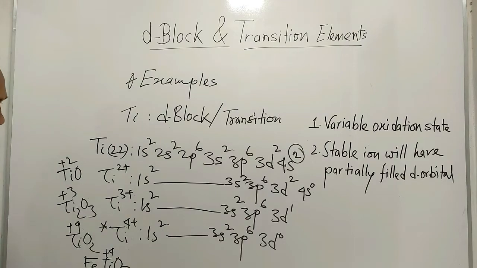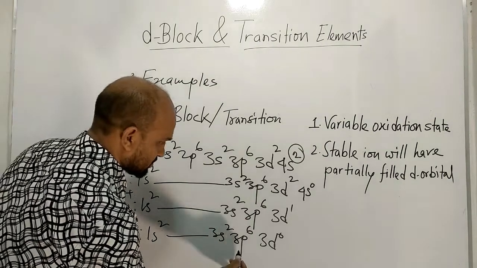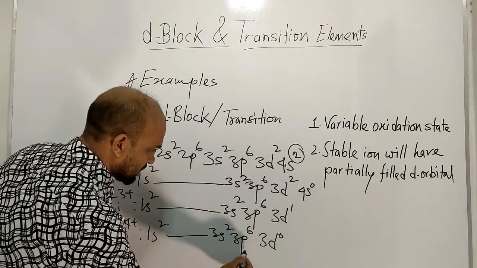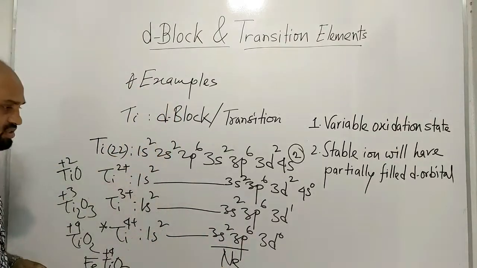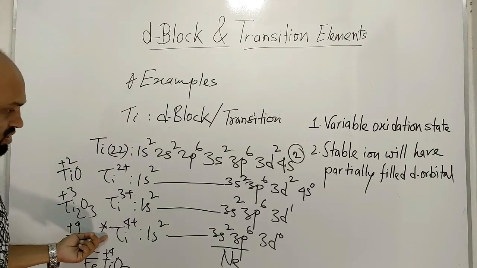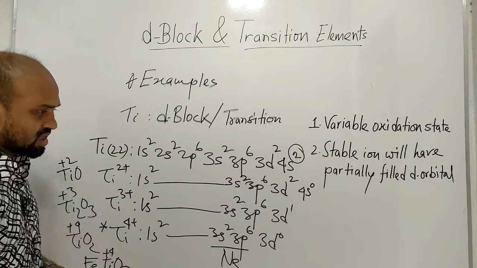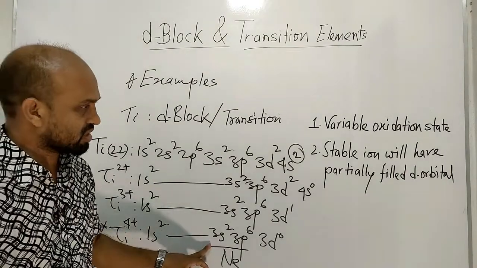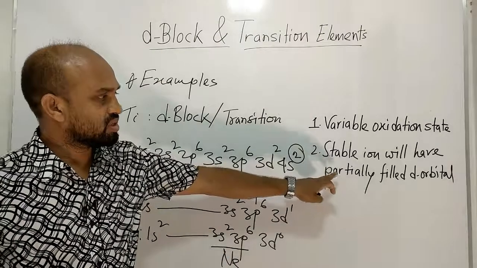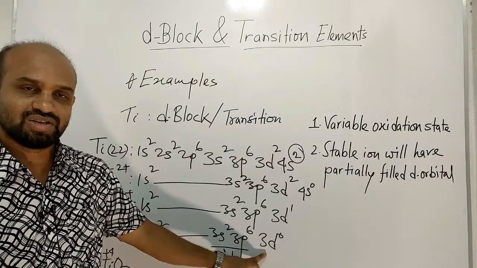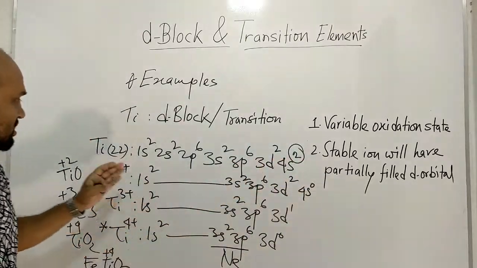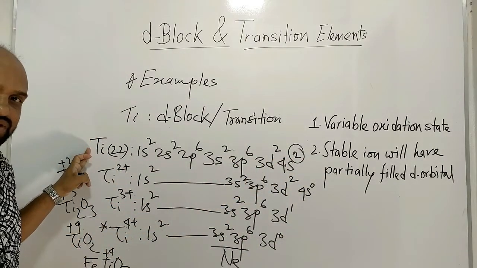Why is it a stable ion? Because the last shell is octet fulfilled like neon gas configuration. That is why this ion is a stable ion, but this stable ion doesn't have partially filled d orbital. This is vacant. So considering this, it shouldn't be a transition element.